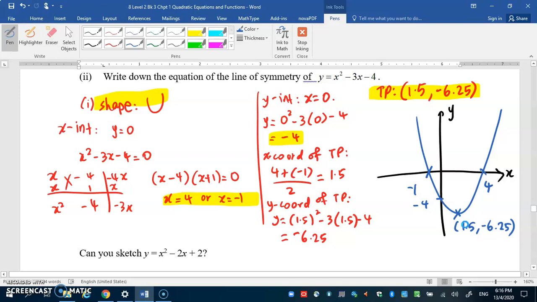And I'm going to write the equation of the line of symmetry. So my line of symmetry will pass through my turning point. The equation is x equals 1.5. So that's also my answer for part 2. Part 2 answer is x equals 1.5. That's the equation of the line of symmetry.